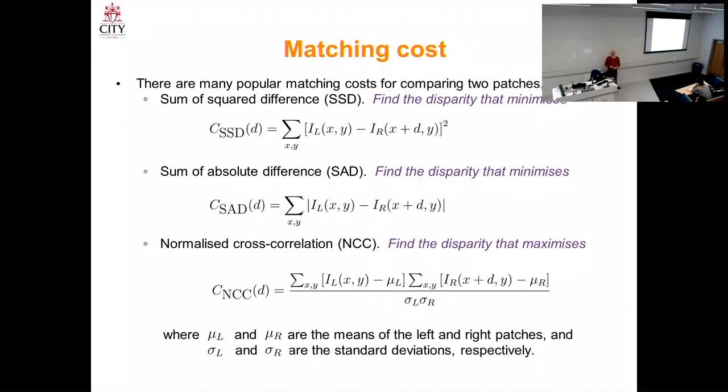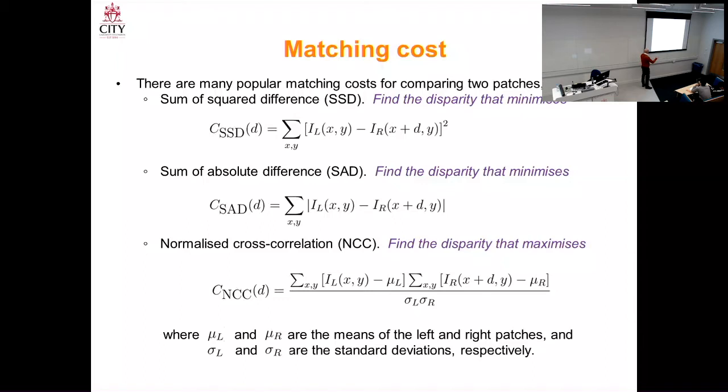Okay, so there are loads of different ways to compare these patches, and in computer vision textbooks, you'll see all sorts of similarity metrics or matching costs that are used. Some of the standard ones include the sum of squared differences. Essentially, you're just going over your patch, which is denoted by x and y, where x is horizontal and y is vertical.